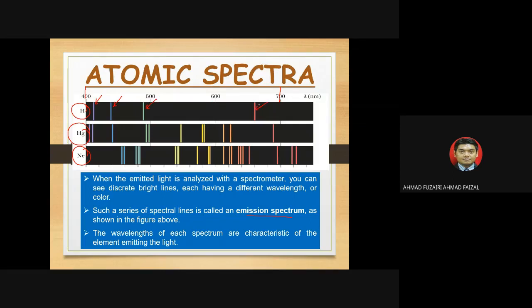There are different regions, of course, with different nanometer wavelength values giving different colors. When you look at mercury and also neon, you can see a lot of colors appearing, but at different wavelengths. So the wavelength of each line is characteristic of the element. It depends on the element.